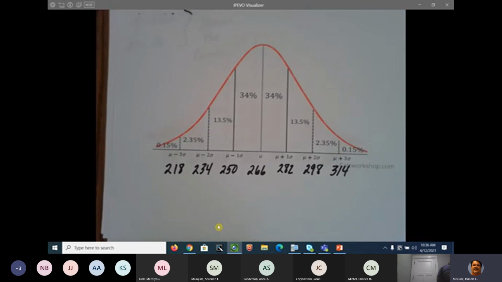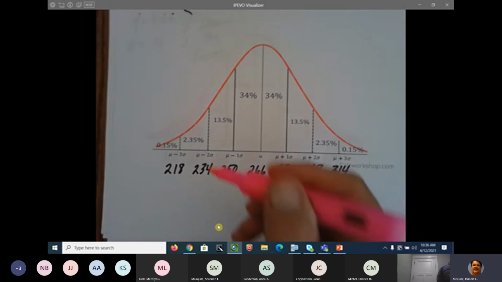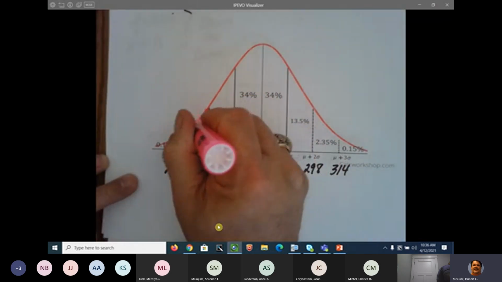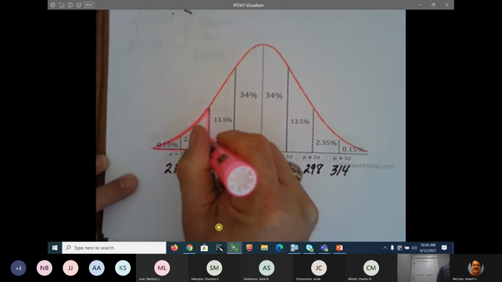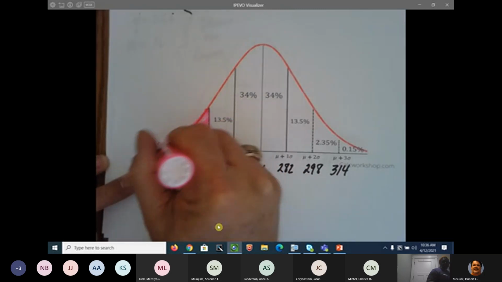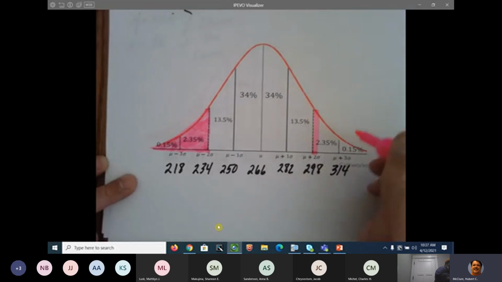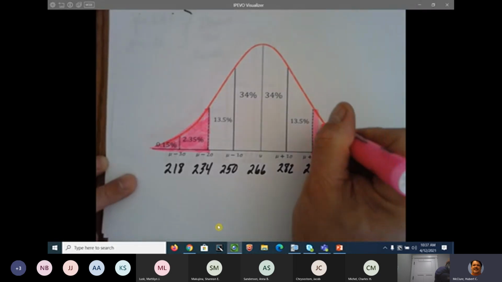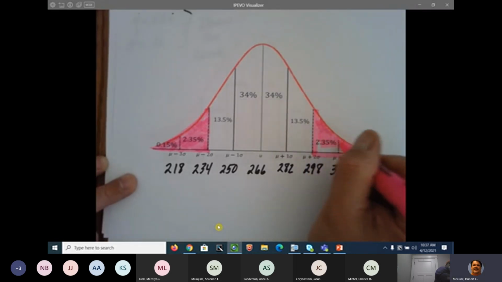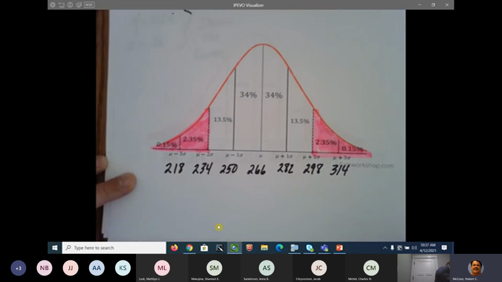I'm trying to give y'all enough time to draw them, because I know how devious some of y'all are. All right, so here we go.